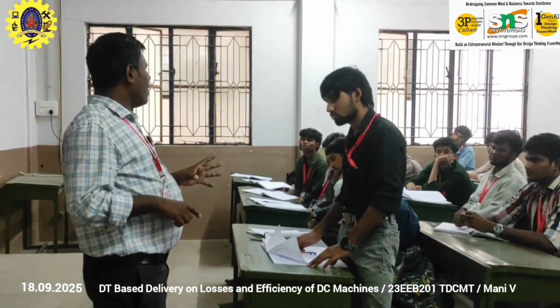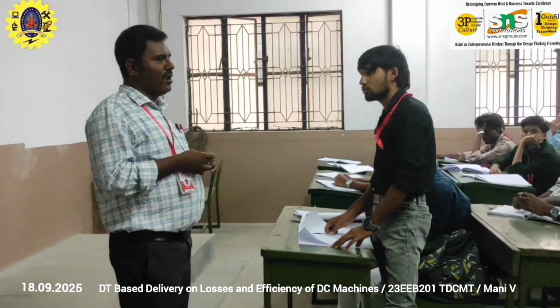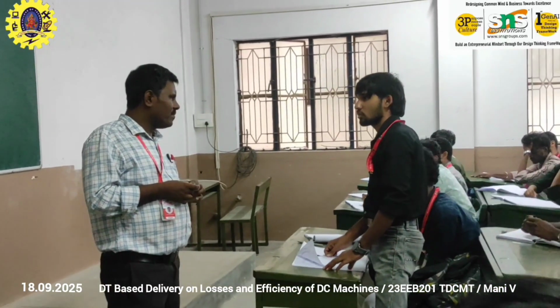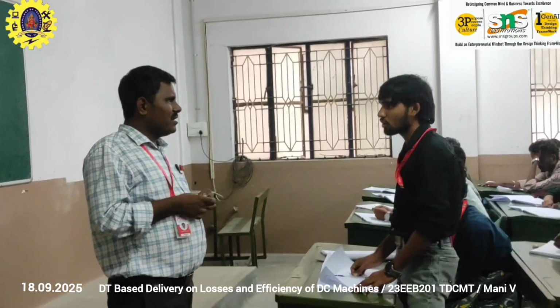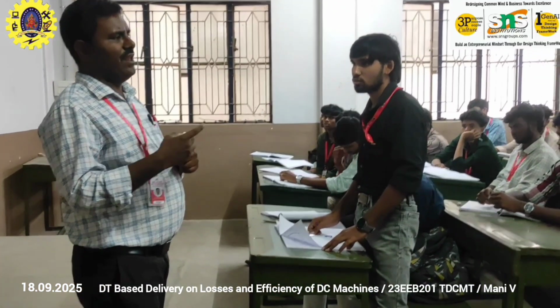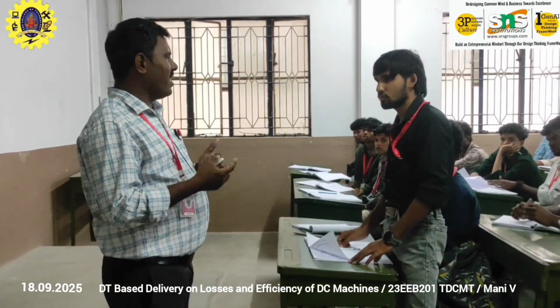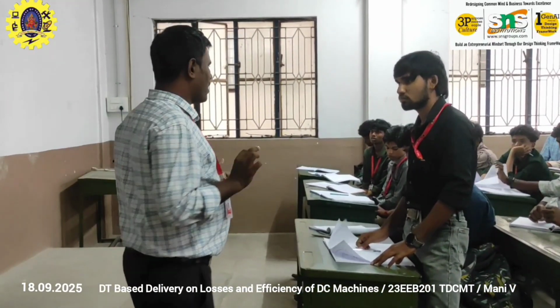Okay, is the copper loss variable or constant? It is a variable loss. Why is it variable? It depends on the current, which is based on the load. If the load varies, the current changes, and automatically the copper loss changes.